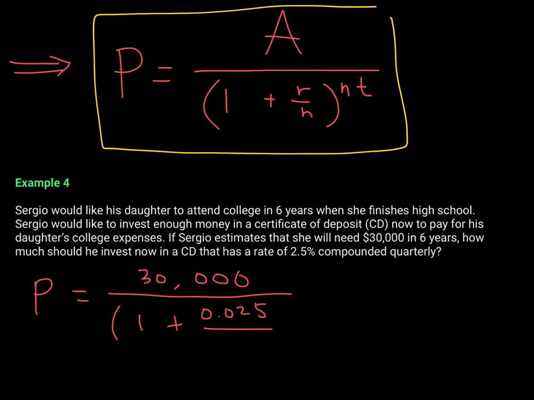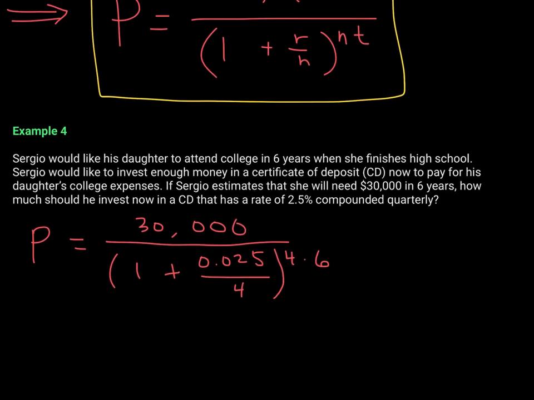Compounded quarterly means that n, the number of compounding periods, is 4 because there's 4 quarters in a year, to the power of n times t, 4 times t. Now, t is 6 because it's 6 years. This investment is going to be for 6 years. That's when she finishes high school.